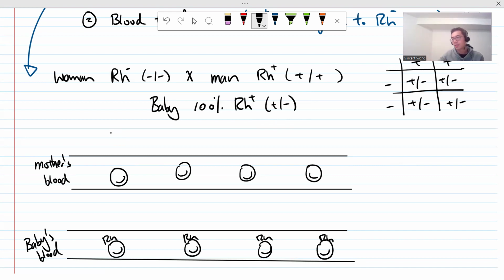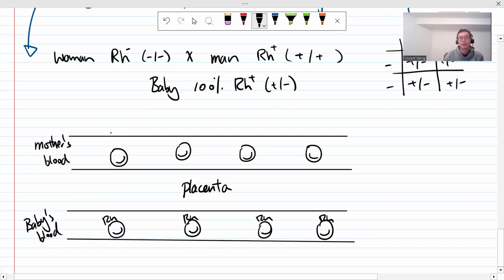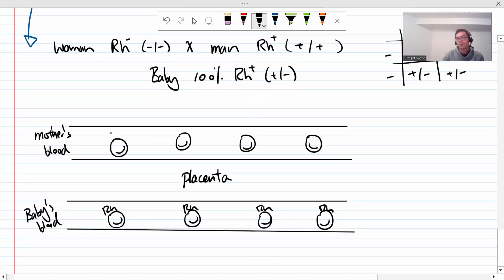What structure separates the mother from the baby? Placenta. Yes. Sometimes during pregnancy, it's possible for the placenta to be damaged.